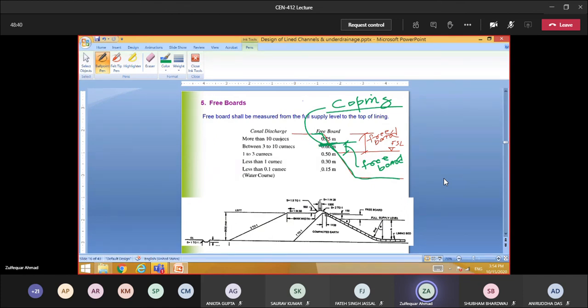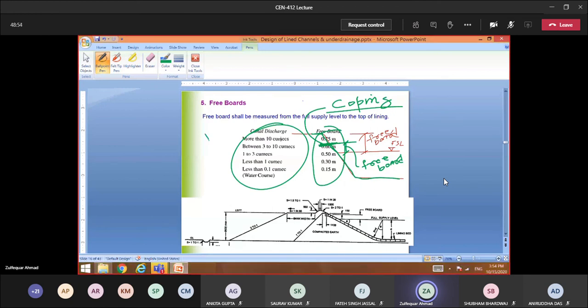So here also you can see the freeboard for the different discharges that is being fixed, कि कितनी discharge के लिए कितनी free board होगी, right? और ये जो coping मैंने आपको बताया था, this is the coping that is being provided. ये coping इसलिए provide करते हैं कि जो रेन वाटर यहाँ पर आ रहा है वो इसमें इंग्रेस ना हो, वो इसके अंदर ना जाए, right?